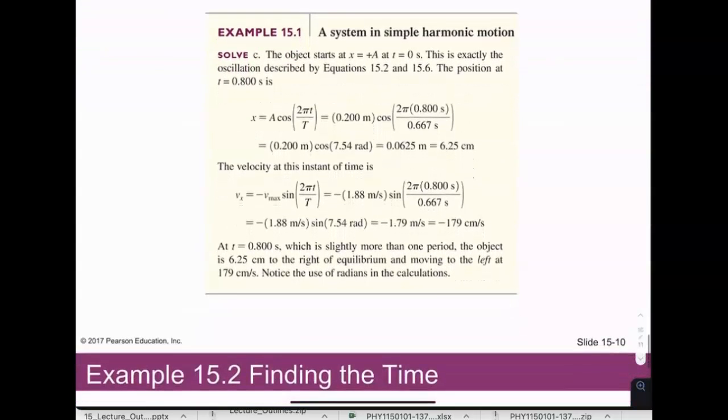Part C of the example: we note that the object starts at x equal to plus A at t equals 0. This is exactly the oscillation described by equations 15.2 and 15.6.